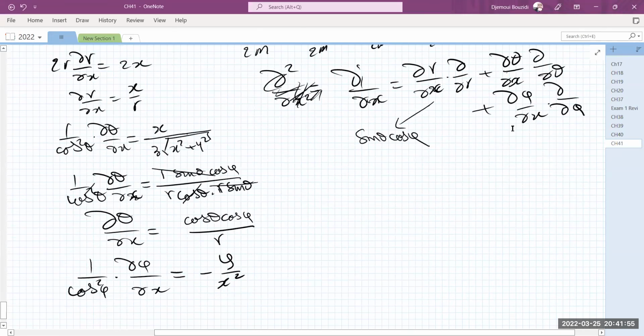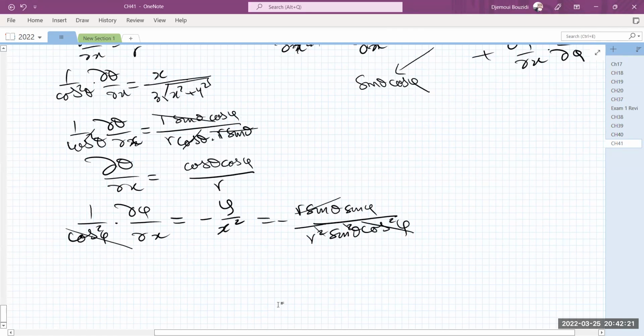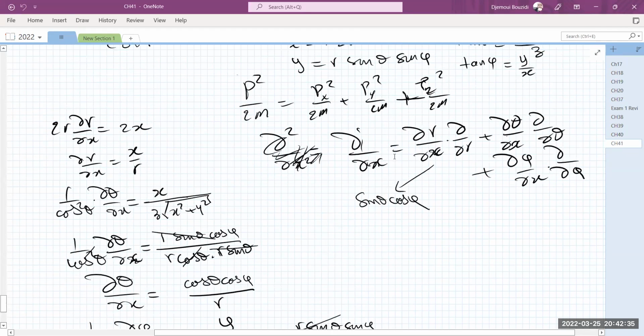And again, y itself is just r times sine theta sine phi, so we have a minus r sine theta sine phi over x squared, which is r squared sine squared theta cosine squared phi. I have a cosine squared phi and I have a cosine squared phi that cancel. I have an r sine theta that cancels with an r and sine theta, one of those terms. So at the end of the day, d phi over dx would be simply equal to minus sine phi over r sine theta. Okay, you do the same for the other two terms because this is just the derivative with respect to x.